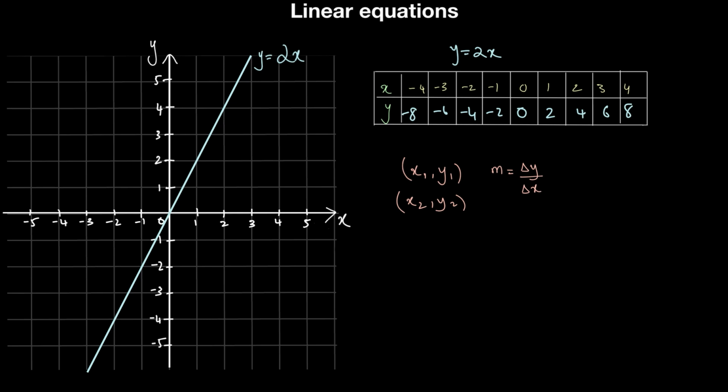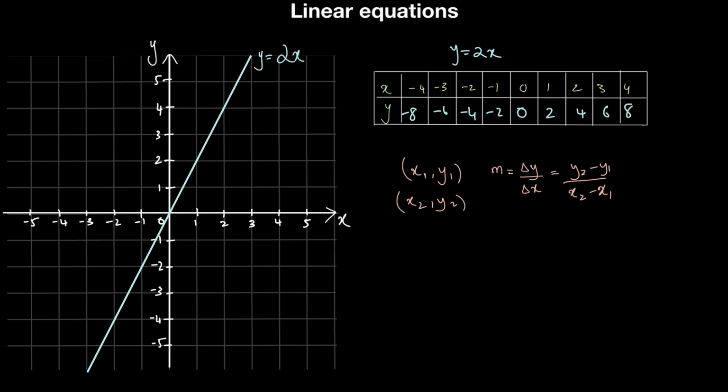So the change in y over these 2 points is simply the difference in the y coordinates over the difference in the x coordinates. If I have 2 known points, the slope is simply y2 minus y1 over x2 minus x1. And I can calculate the slope for a given equation.